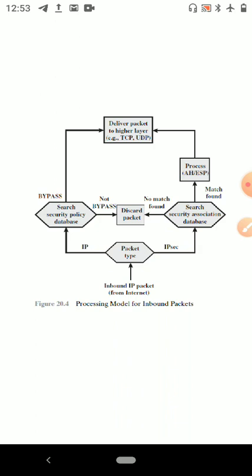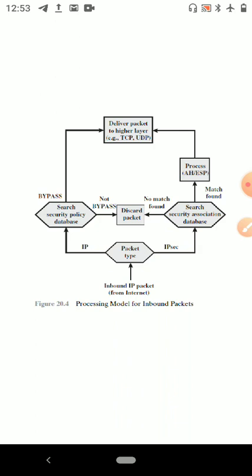If the first matching entry has a policy of protect or discard, or if there is no matching entry, the packet is discarded. For a secured packet, IP security searches the security association database.